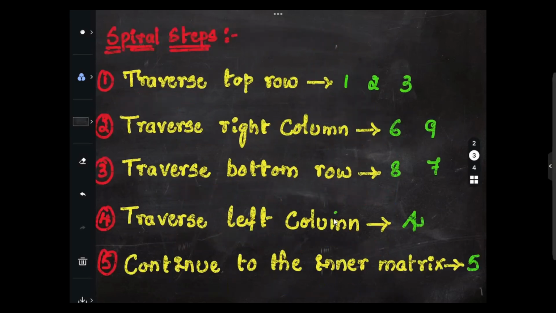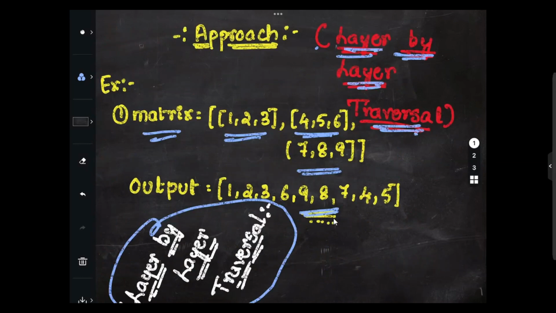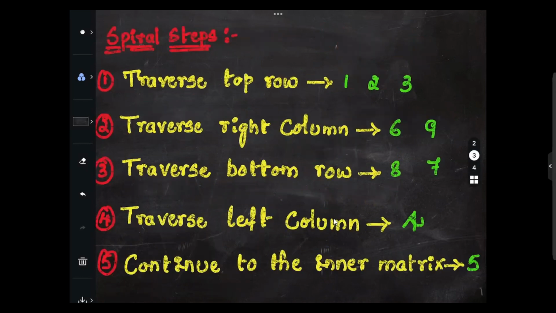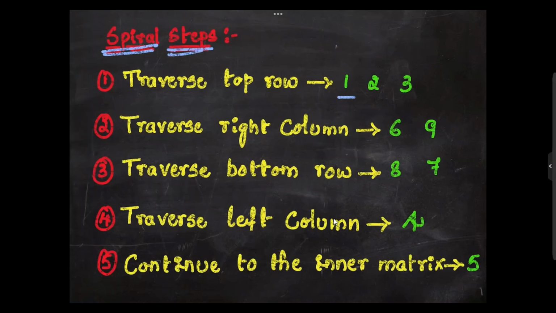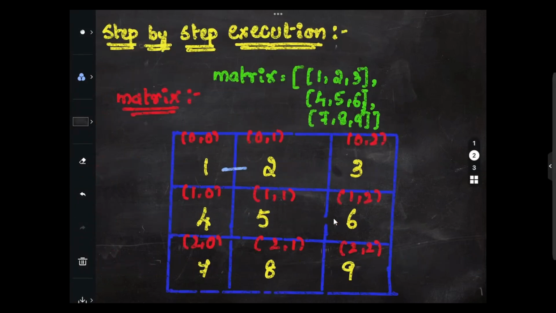We are going with layer by layer traversal. Let's discuss the spiral steps. We will traverse the top row, the first row: 1, 2 and 3.